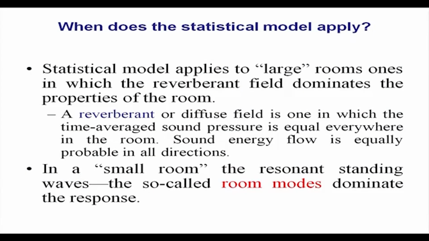A diffuse sound field means a reverberant field in which the time average sound pressure is equal everywhere in the room. Then the statistical reverberation time is applied, and it is large room acoustics.